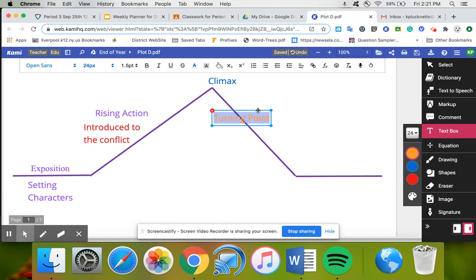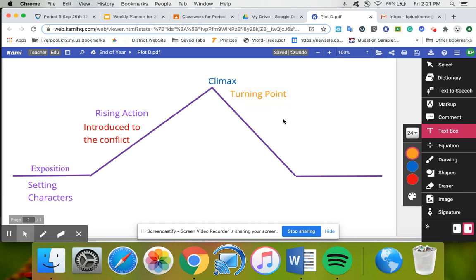It doesn't have to be exciting. The highest point of tension makes it sound like everything came to a head and explodes. No, not always. Sometimes it's not as climactic, if you will. It can be not exciting. I'll give you an example in a few seconds.